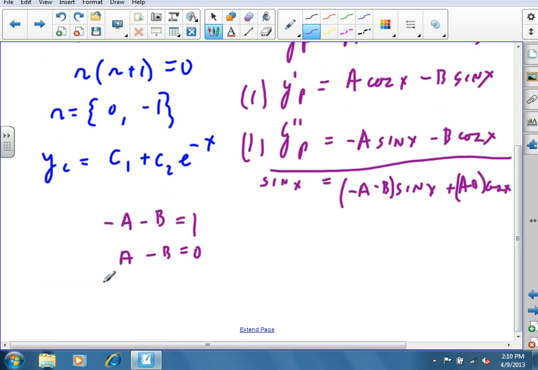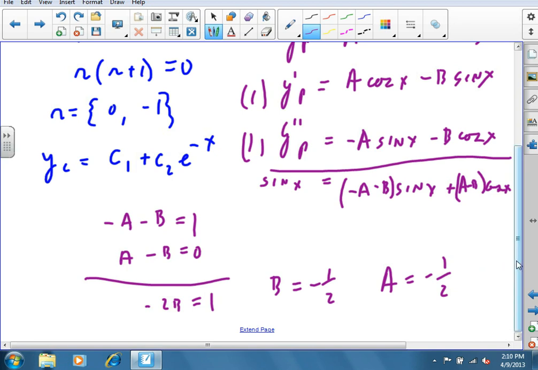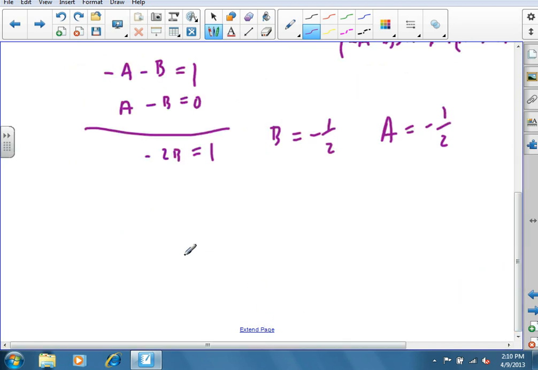All right, I'm not going to use Cramer's rule. I'm going to add them together. Minus 2b is 1, meaning b is equal to minus a half. Well, if b is minus a half, then a is also minus a half. And now my y sub p becomes minus a half sine minus a half cosine.